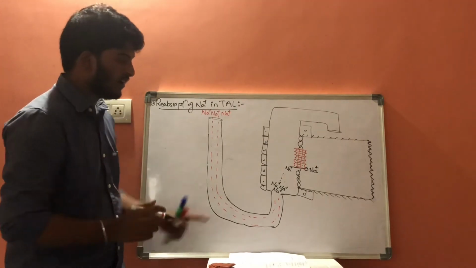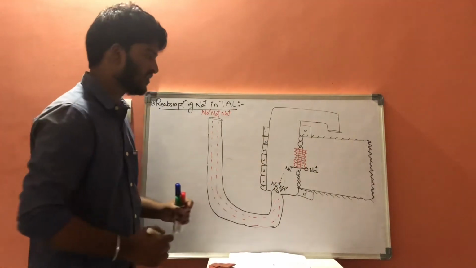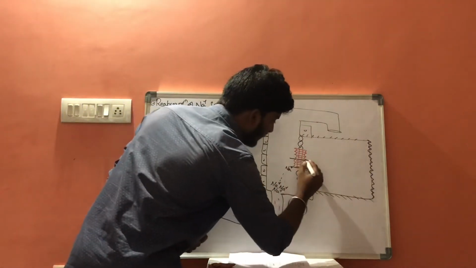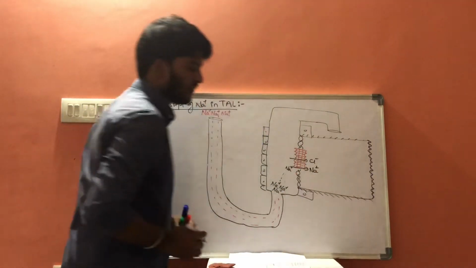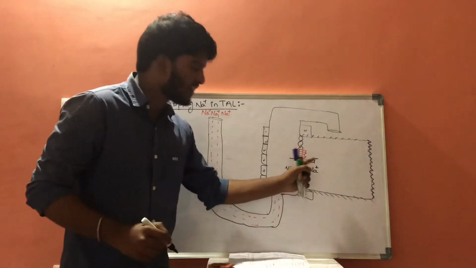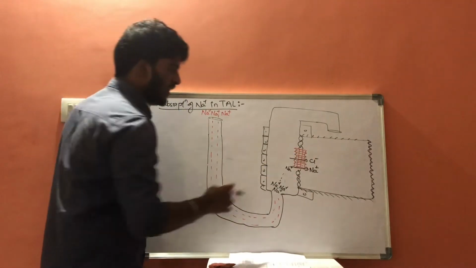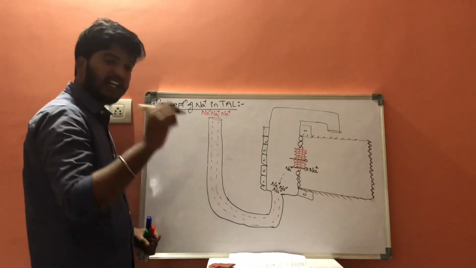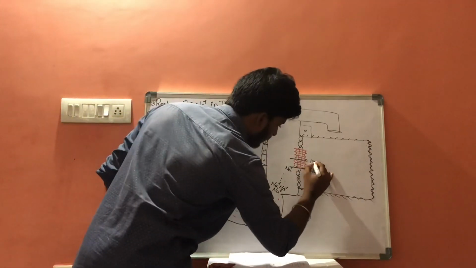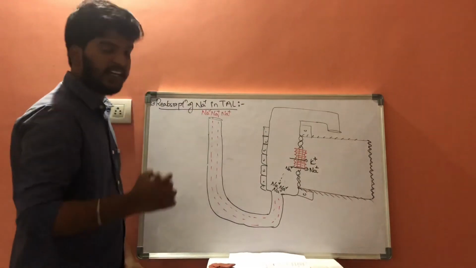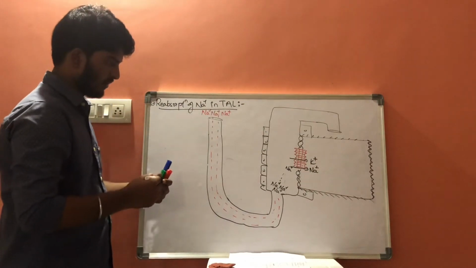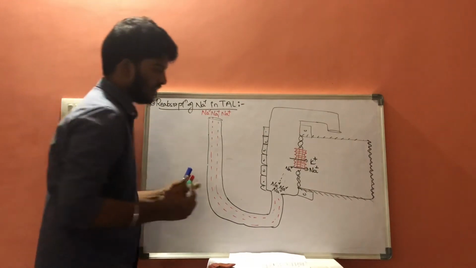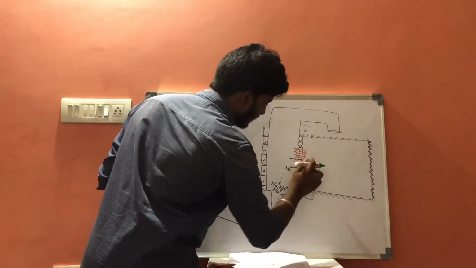Along with the sodium ions, it will take negatively charged chloride molecules. Before that, along with sodium, it will take potassium ions also. These are potassium ions.